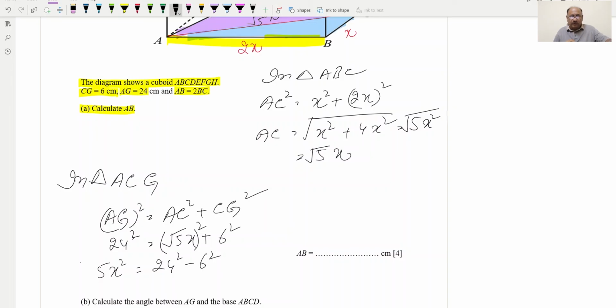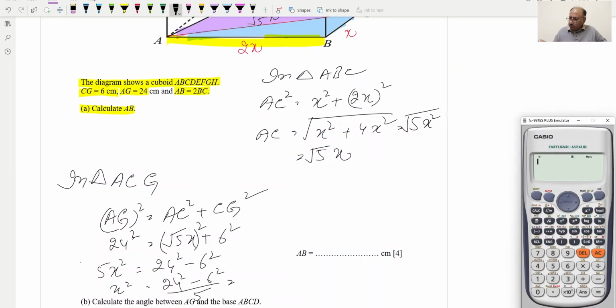So we can write x squared is equal to 24 squared minus 6 squared, divided by 5, and if we calculate this, it is equal to 108.